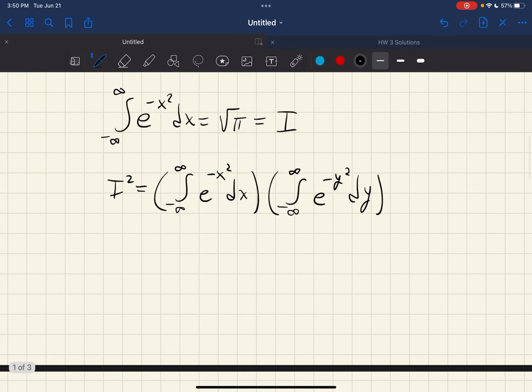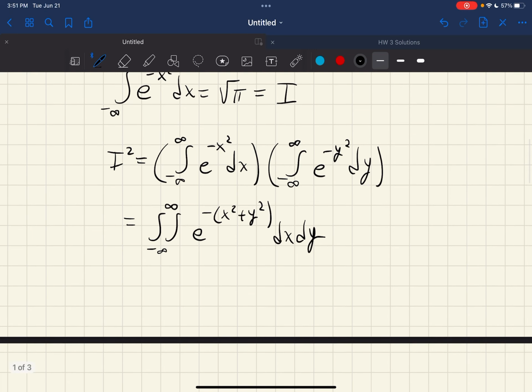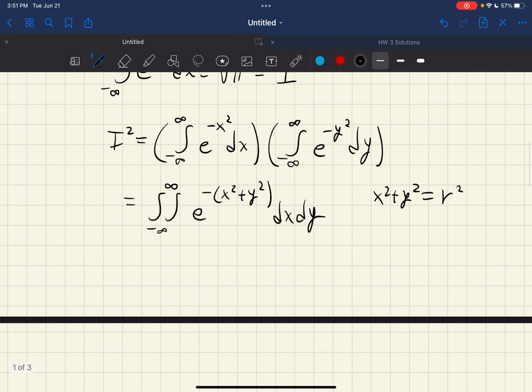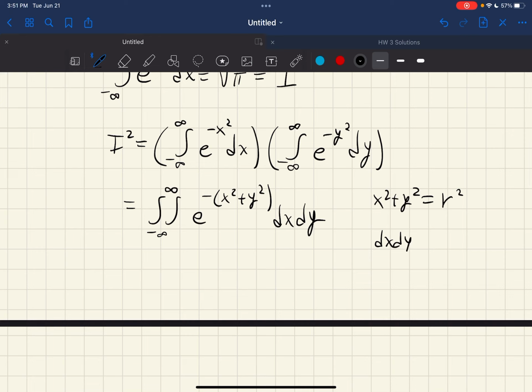And then we can combine this into a double integral, from negative infinity to infinity of e to the minus (x squared plus y squared) dx dy. And then we can just switch to polar coordinates. In polar coordinates, we know that x squared plus y squared is equal to r squared, and dx dy is equal to r dr d theta.